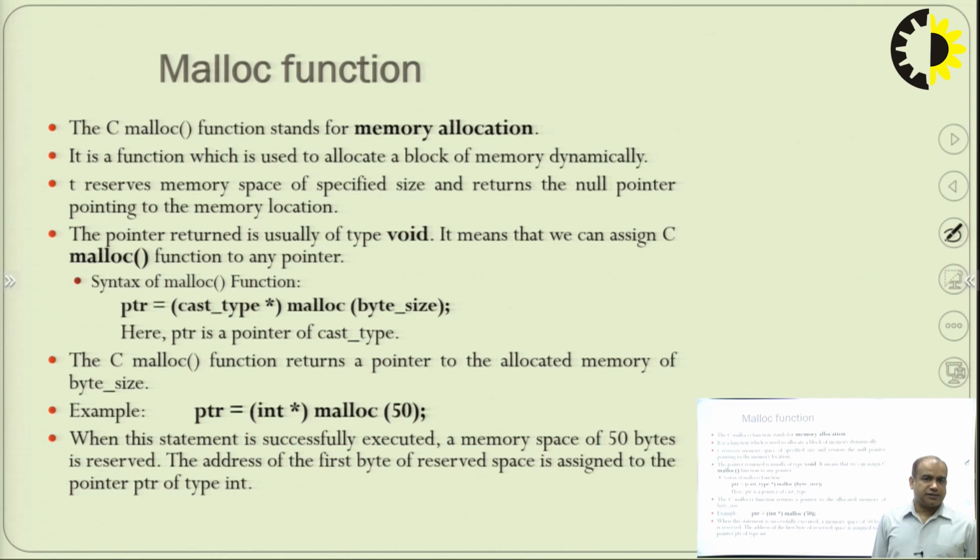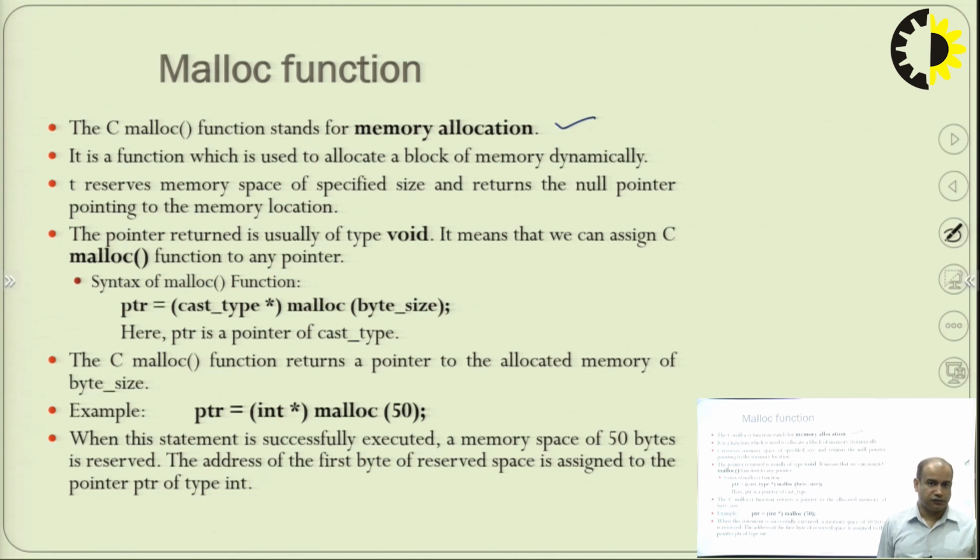Now we discuss all these functions in detail. First we are talking about malloc. In C, malloc stands for memory allocation. What does memory allocation mean? That is the meaning of malloc. It is a function which is used to allocate a block of memory dynamically, and it reserves memory space of the specified size and returns a pointer to the memory location.